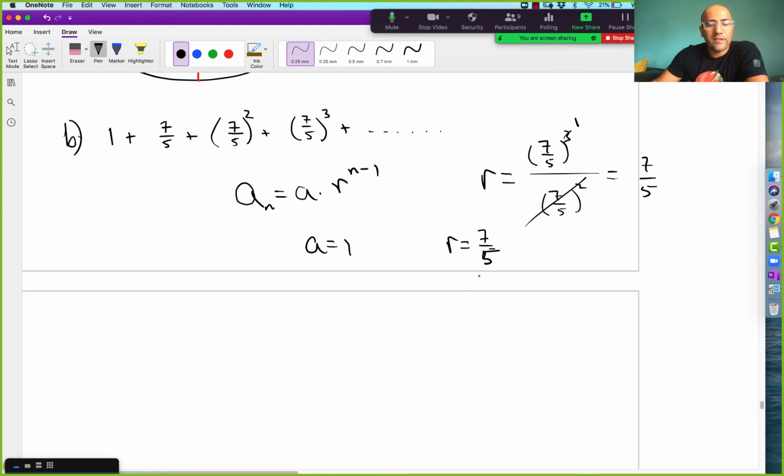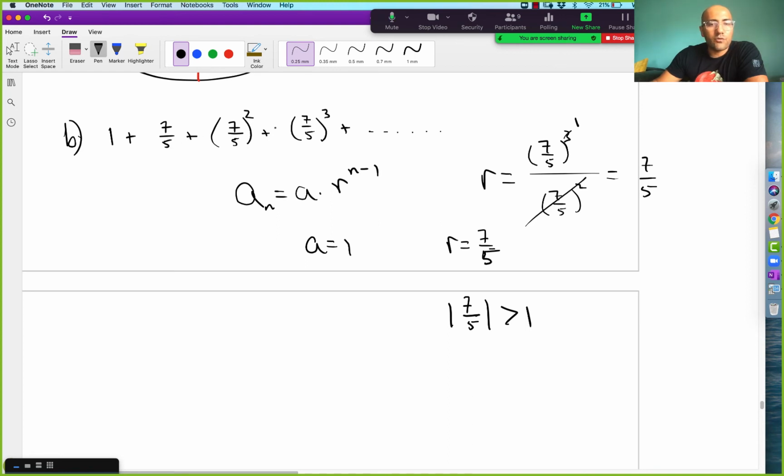Right, so this is a case where the absolute value of r is bigger than 1. This is a case where the individual terms are growing. They're getting bigger and bigger and bigger. 7/5 squared is bigger than 7/5. 7/5 to the power of 3 is bigger than 7/5 to the power of 2. Right? Because this underlying value is bigger than 1.